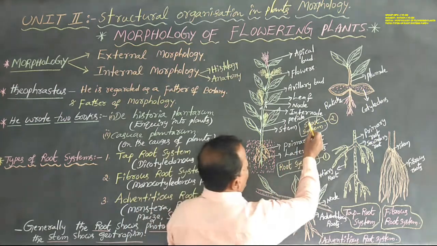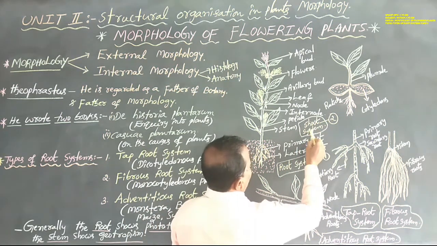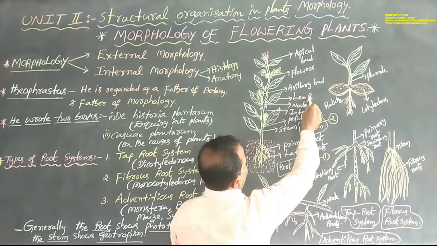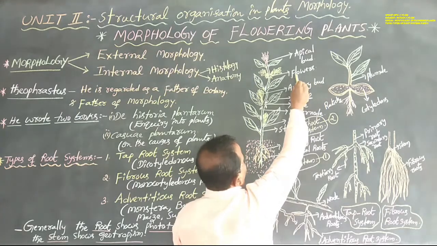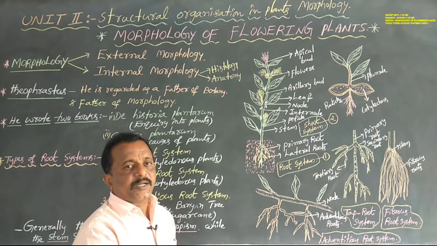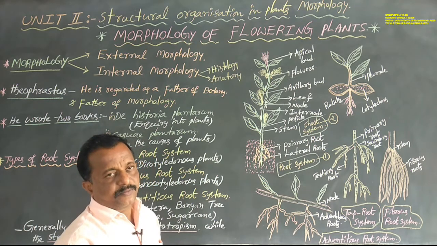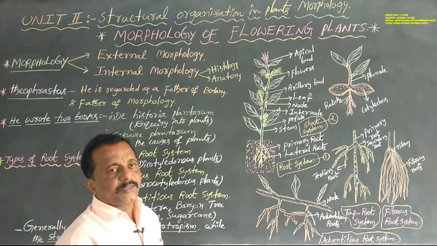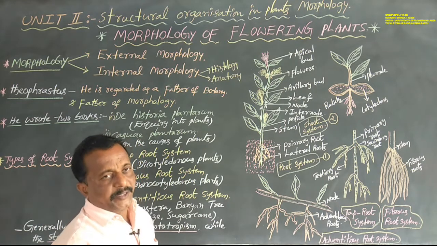The shoot system consists of stem, leaf or leaves, bud or buds, and flowers as well as fruits. Seeds are enclosed in fruits. These are the two parts of the plant body in higher plants.